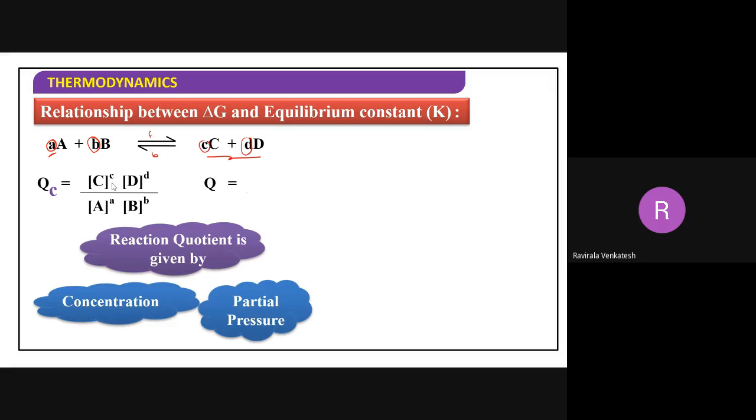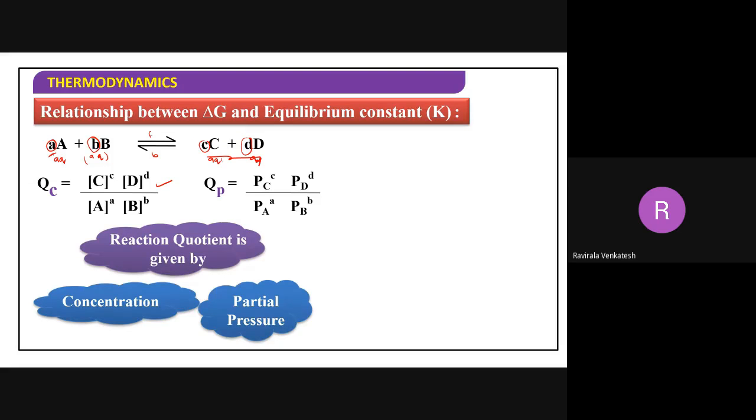For gaseous molecules, if they are gases, gases do have concentration, no? So in terms of concentration, you have to take pressure. If they are aqueous solutions, you have to take this formula, concentration.